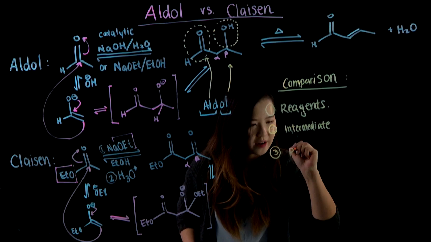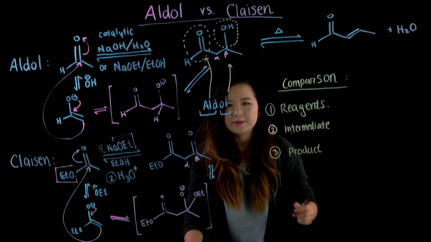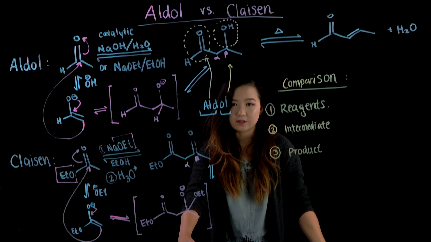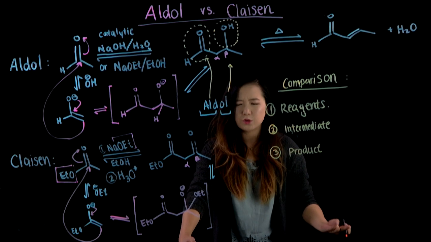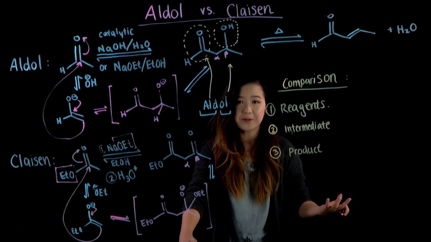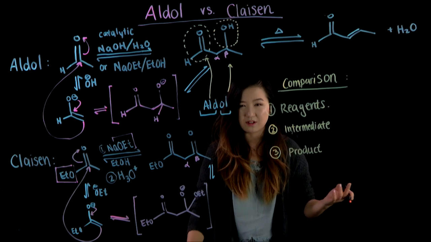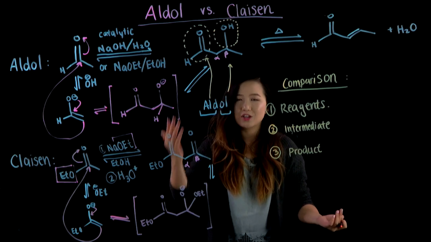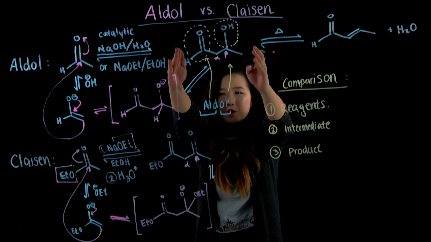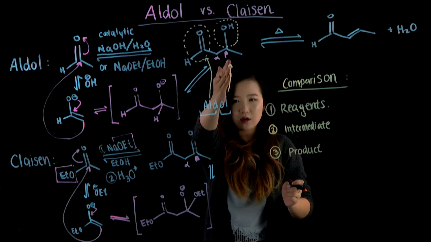is just the product itself. Now, oftentimes you will be presented with retrosynthesis questions, or one of those questions where they'll give you a compound and then ask you for the reaction to form it. So with those type of reactions, the only thing you can do is to look at the product. Now, if we looked at our product, we formed our aldol product with our aldehyde and our alcohol.